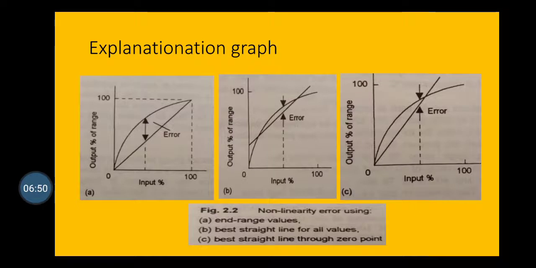For many transducers, a linear relationship between the input and output is assumed over the working range, that is, a graph of output plotted against input is assumed to give a straight line.